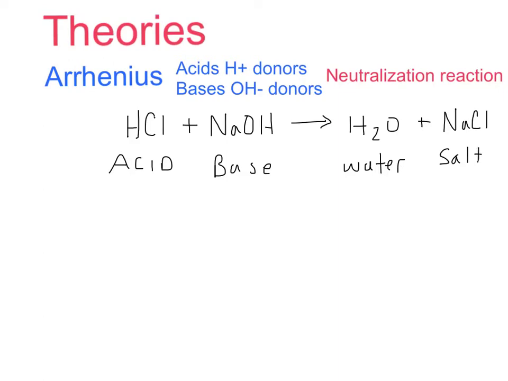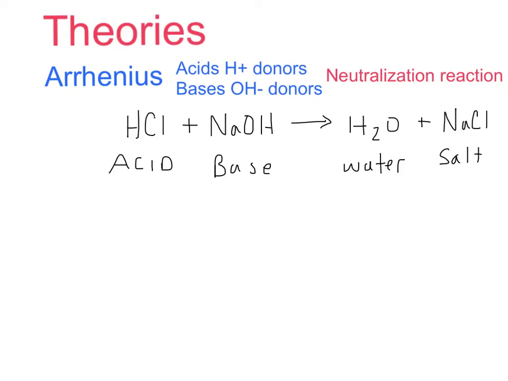Now, not all salts are created equal. Salts can be acidic or basic, depending on how they react with water around them. The key here is if the salt reacts with water and makes a strong acid or a strong base, then it is neutral because it will automatically produce strong acid, strong base, and go back to ions.